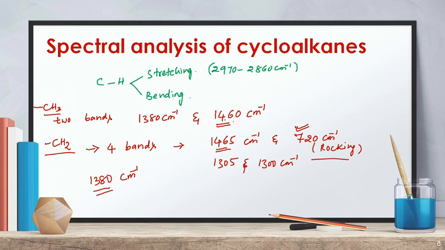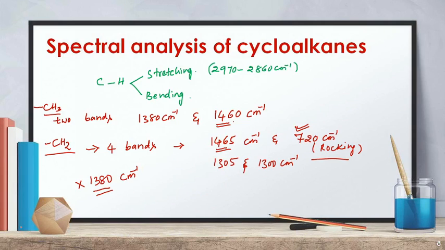The 1460 band appears for the methyl group as well as the methylene group, but the 1380 band is observed for the methyl group only. It will not be found for the methylene unit. So this is one way of distinguishing methyl group and methylene units.